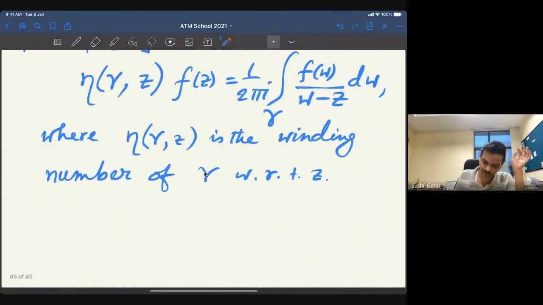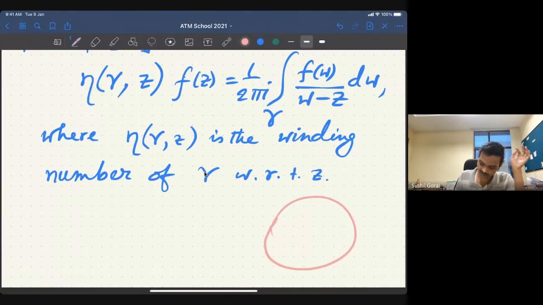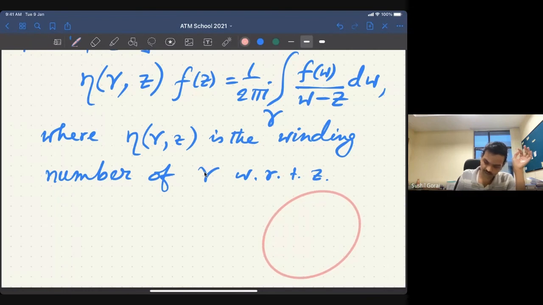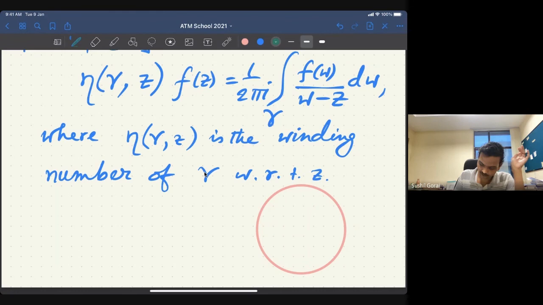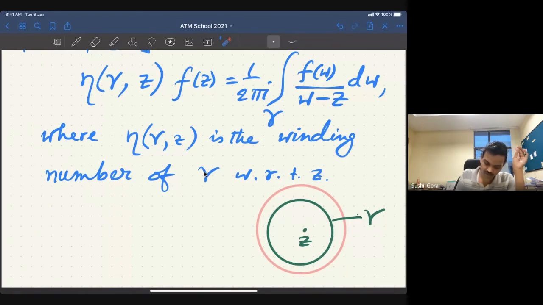For example, if you look at a disk here and a small curve inside it, and this is gamma, then for points z here the winding number will be 1, and then we get f(z).